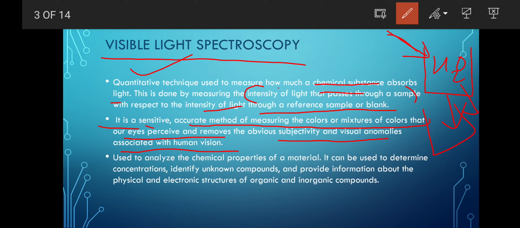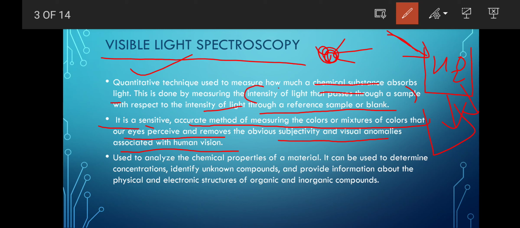For example, I am now using a red color marker, and you can see this color as red, but certain people are colorblind to certain colors and cannot see them. Likewise, we have the example of IR radiation that is not visible to our eyes, and we need certain filters to make it visible.